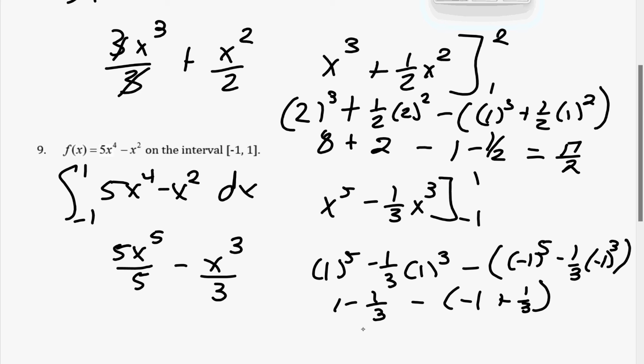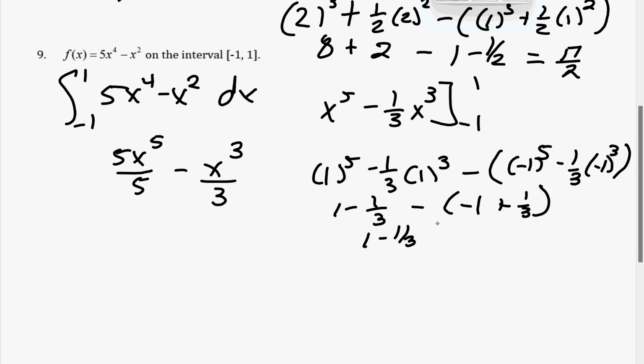Then I can distribute that negative. 1 minus 1/3, 1 minus 1/3 plus 1 minus 1/3. So we have -2/3, and we have 2, which gets me to 4/3. Okay.